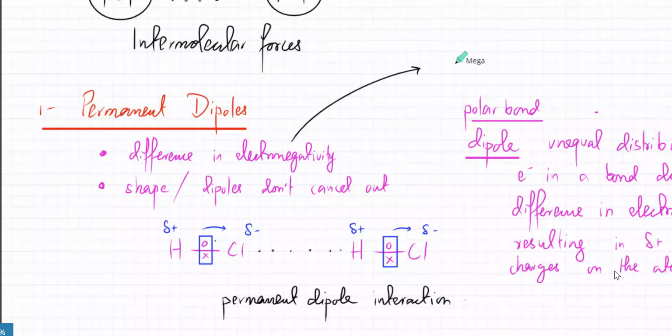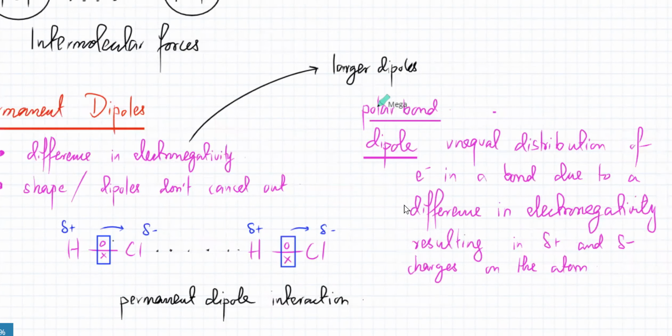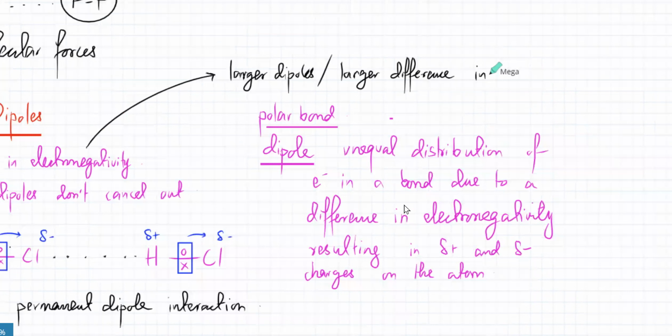And the condition is that they don't cancel out. So larger dipoles if there is a larger difference in electronegativity.